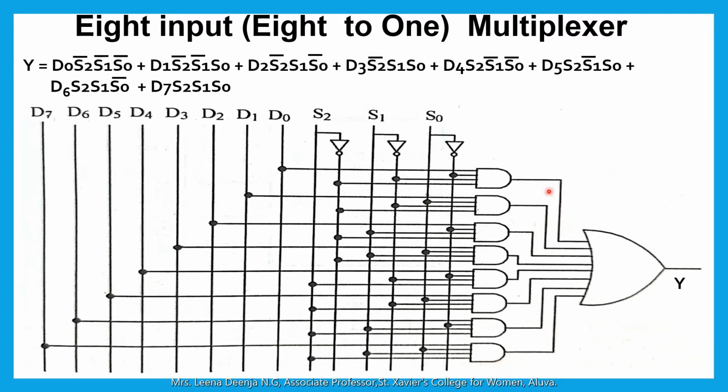So all these outputs are given as the inputs for the OR gate. So we get the Y as D0, S2 bar, S1 bar, S0 bar, or D1, S2 bar, S1 bar, S0, or so on up to D7, S2, S1, S0.